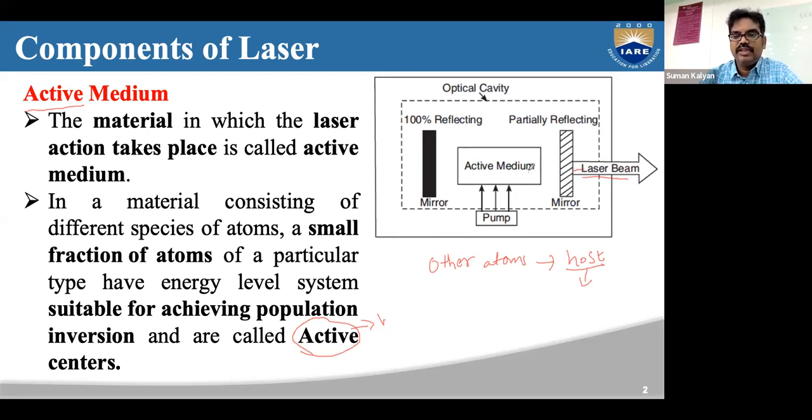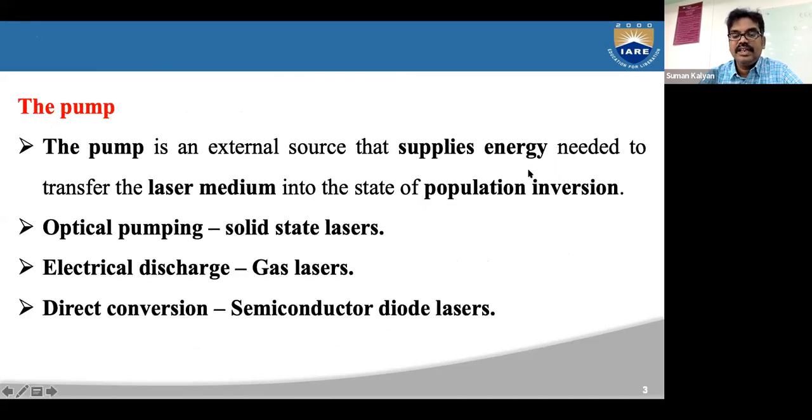So the first component is the active medium. Now the second important component is the pump. The pump is an external source that supplies the energy needed to transfer the laser medium into the state of population inversion.